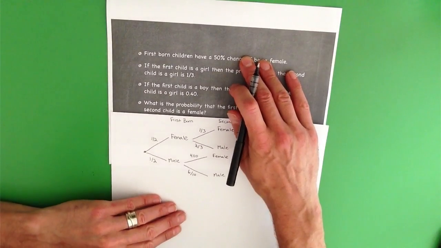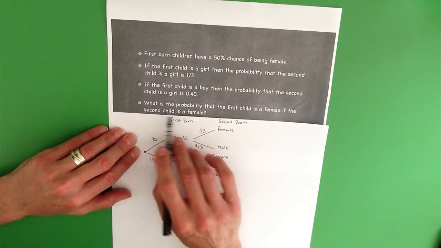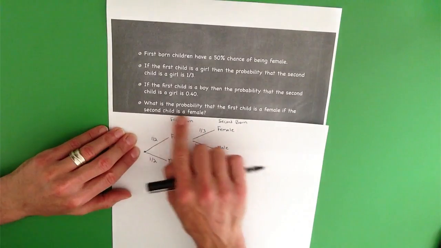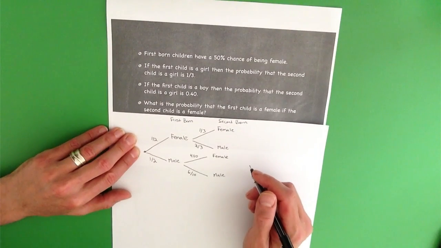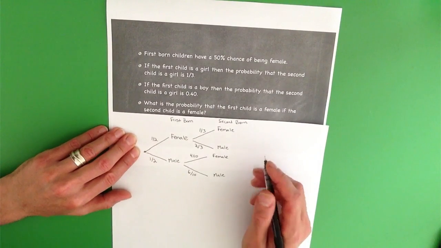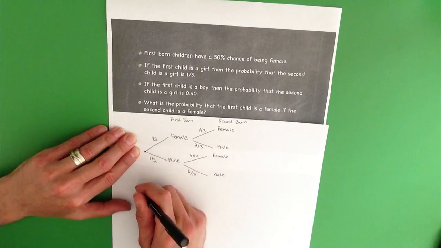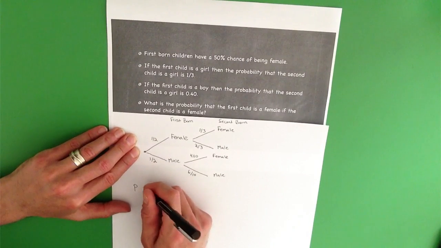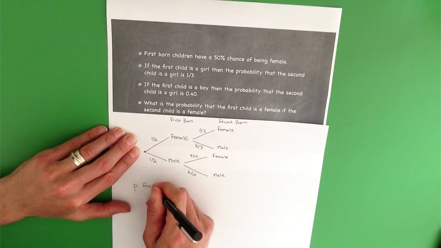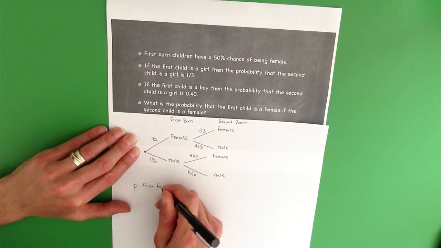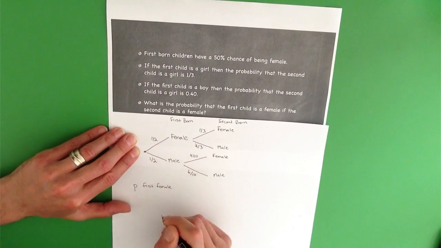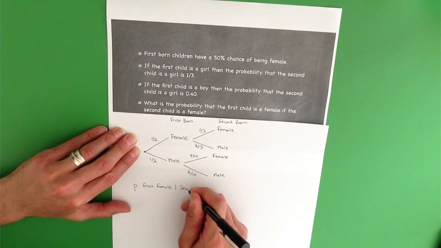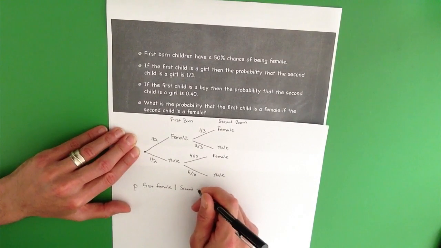So what we're interested in is what is the probability that the first child is a female if the second child is a female? So how can we write that? Well, the probability that the first child is a female, given that the second child is a female.